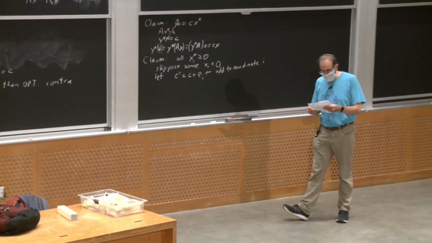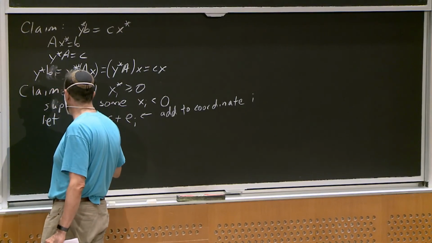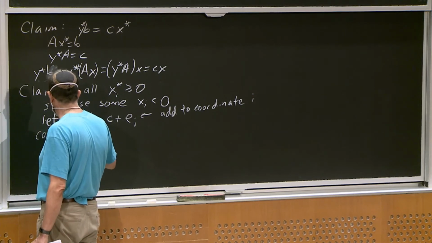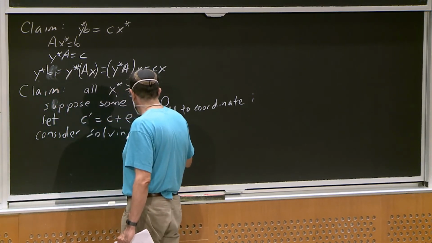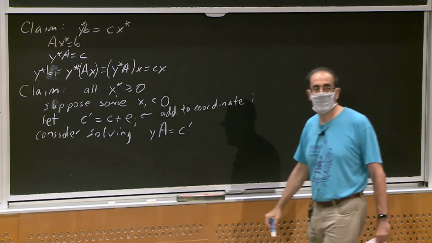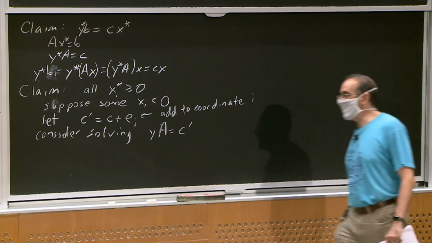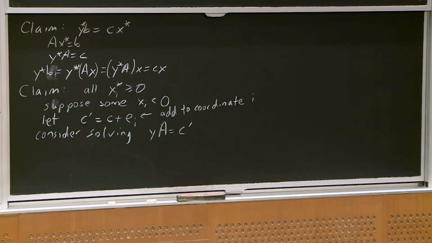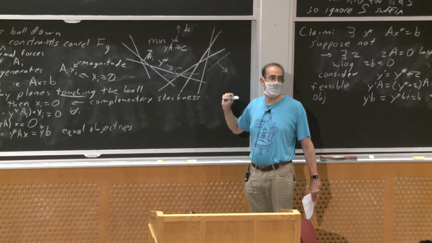So what does this do to the linear program? Well, let's consider solving the linear system yA equals c prime. Okay? So again, going back to the physics, all I'm doing is saying move the constraint, and now tell me where the ball is.